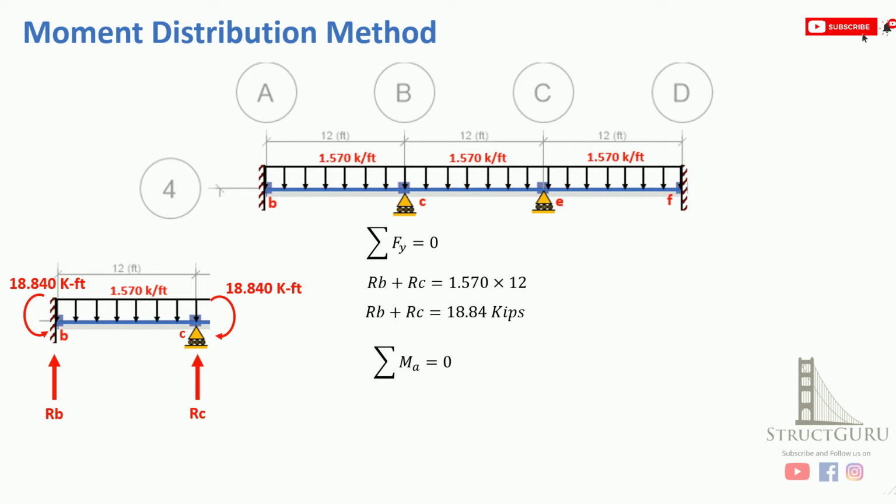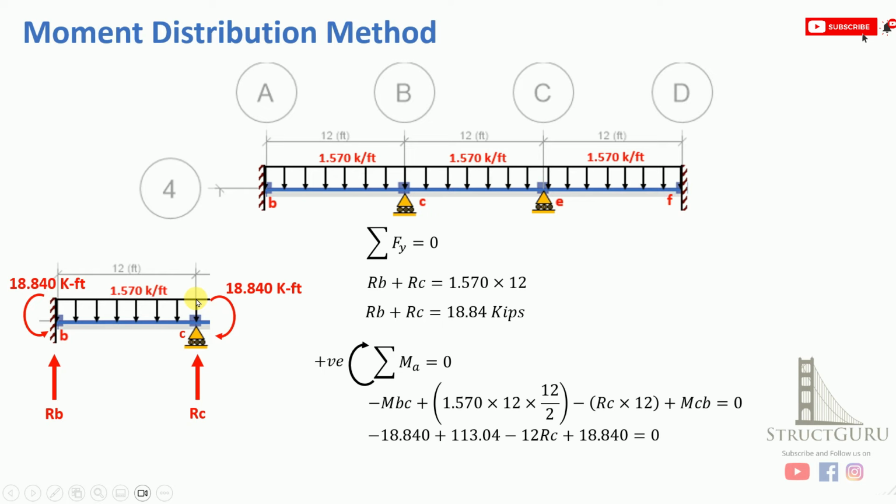Now you need to apply another equation, the third equation, which is moment about point B equals 0, taking clockwise as positive. So we have got this moment, which is BC, and then plus this force, the uniformly distributed load will also produce a turning effect, that is 1.570 multiplied by span multiplied by half of this span, and then minus RC because this will produce anti-clockwise moment.